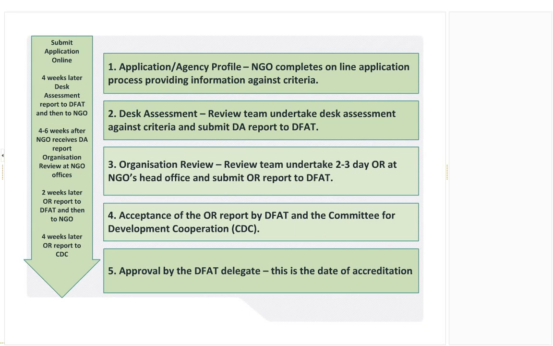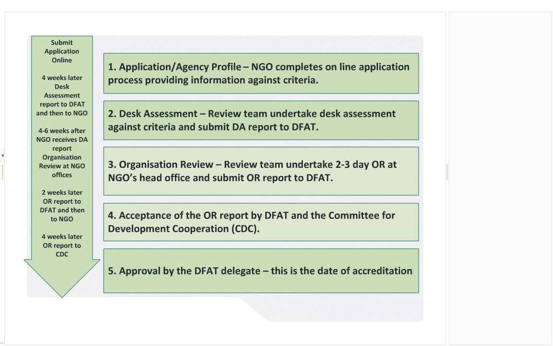That report will go to the next Committee for Development Cooperation meeting, where the committee will review and make a recommendation to the DFAT delegate about the accreditation status of that organisation. The delegate will then review that recommendation and make a final decision. So that's the overall process.